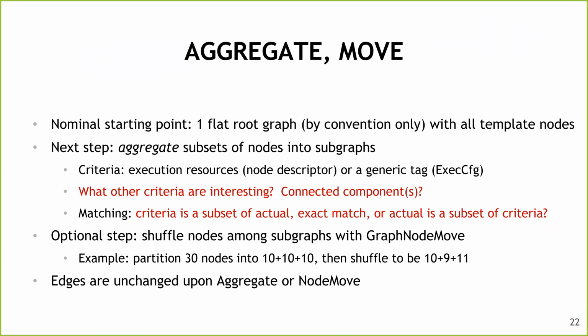If I come up with some reason why I want to shuffle nodes after that initial partitioning based on some other criteria of locality or something else, I may come up with an initial version, but then rejigger that, and suppose my 10, 10, 10 becomes 10, 9, 11, because I just wanted to move one node from one to another, then I can do that.